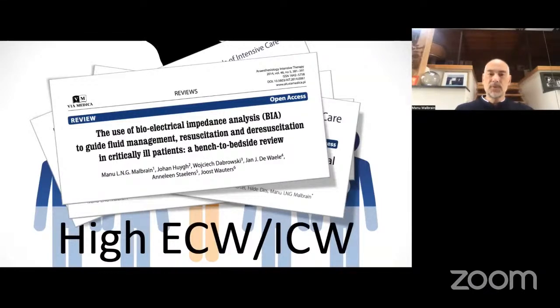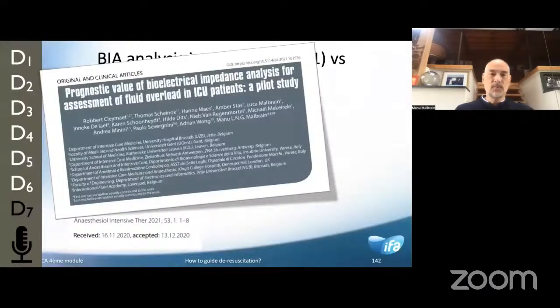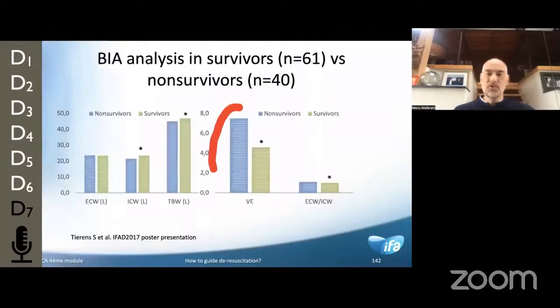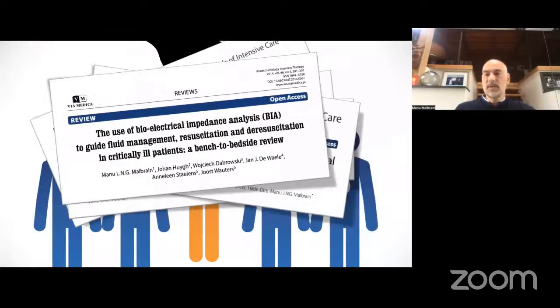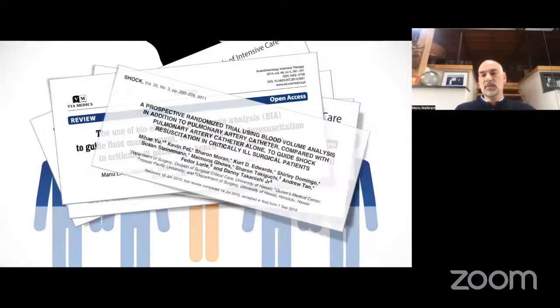And we just finished a study of 101 ICU patients compared to healthy volunteers. If you look at the ICU patients, you will see that the volume excess calculated with BIA was much higher in non-survivors, and also the ratio between extracellular and intracellular, indicating that there is some capillary leak and fluids are leaking out into the interstitium.